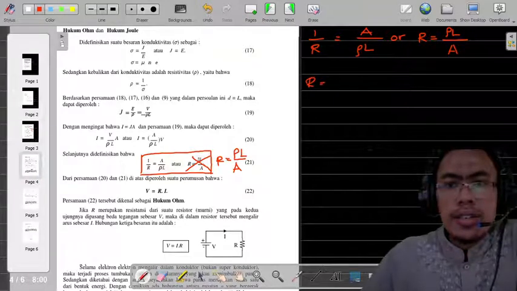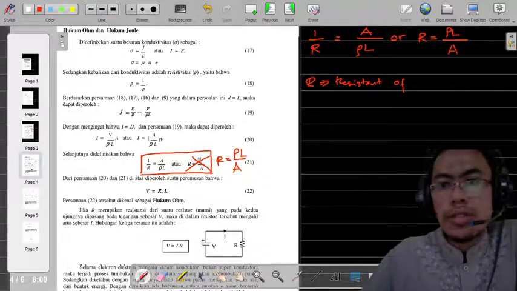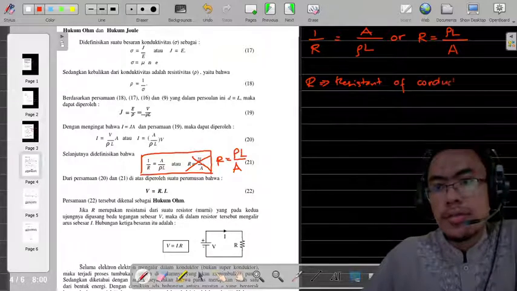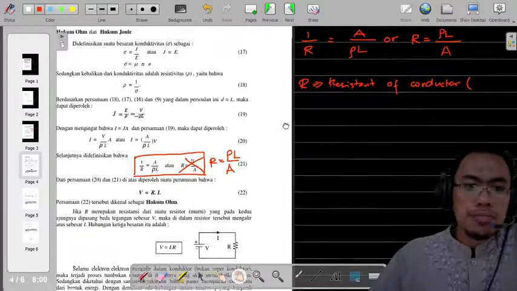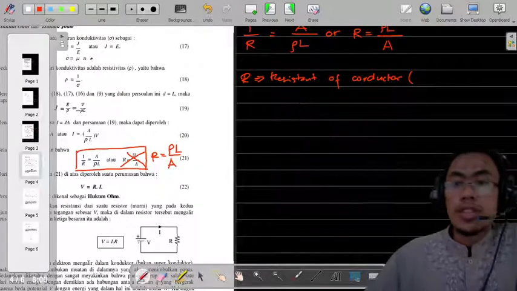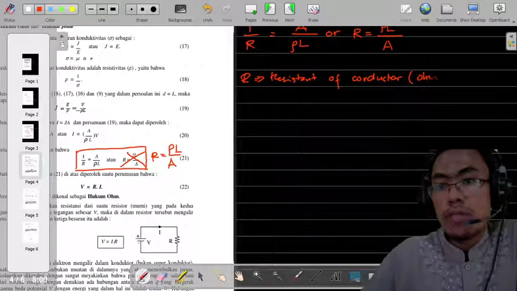R is called resistance of conductor, and the unit is ohm, or this one omega.